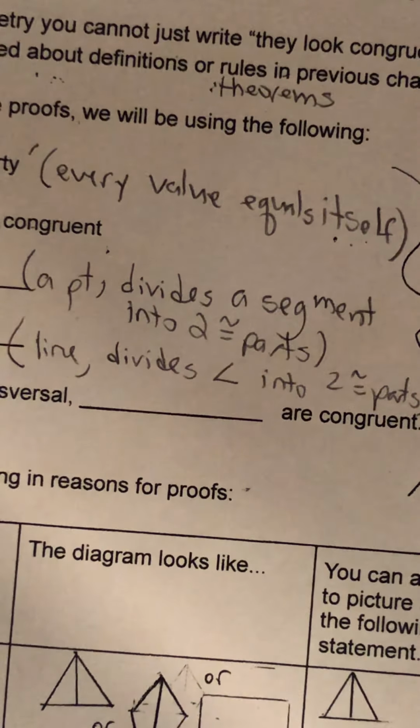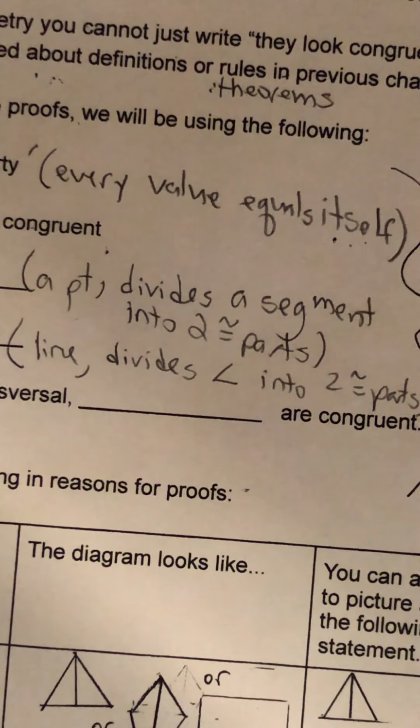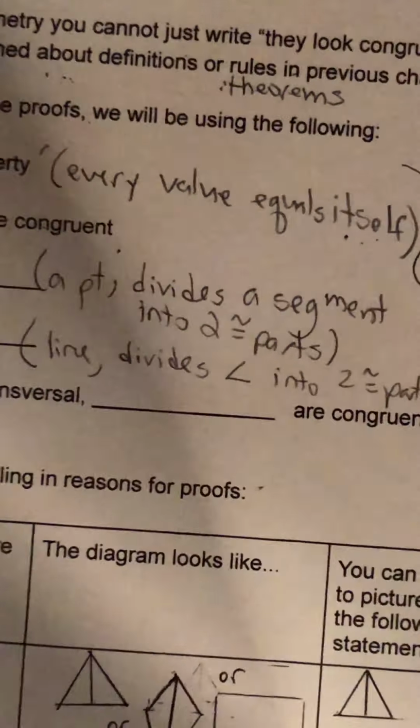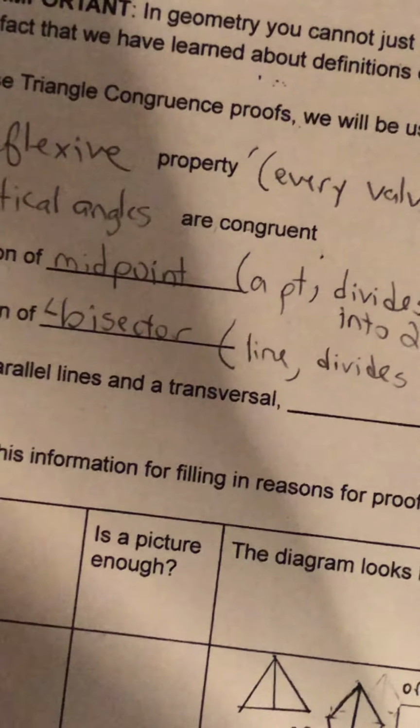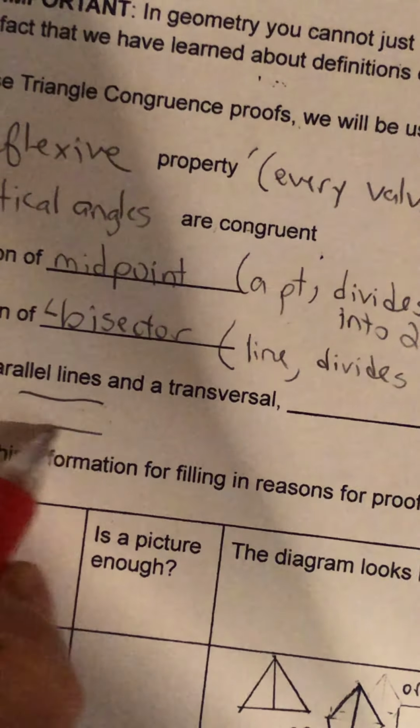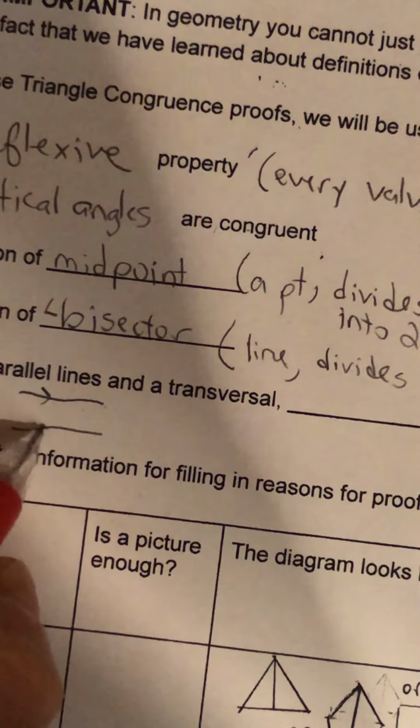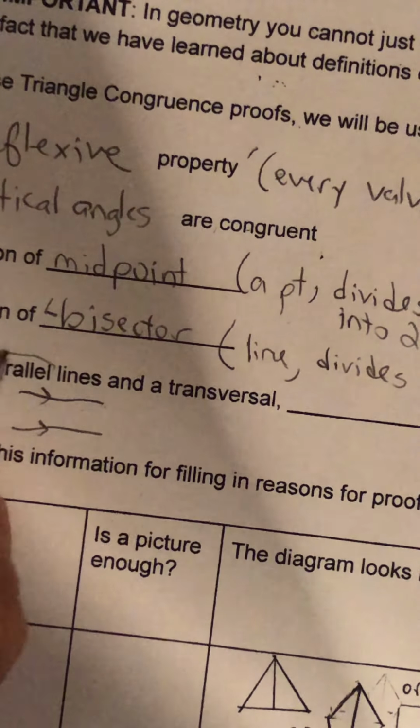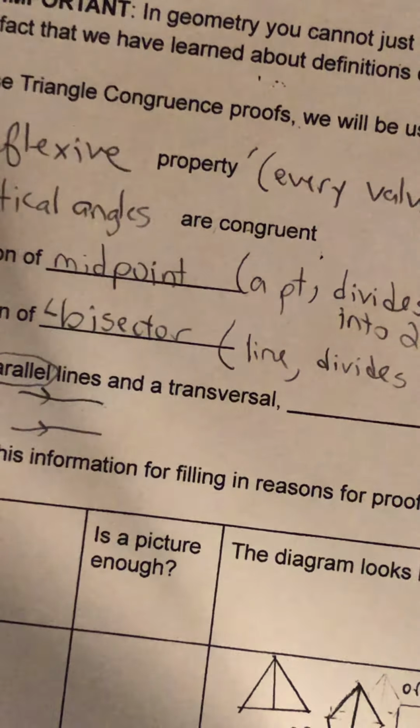And another one that comes up a lot has to do with parallel lines. So I think it was chapter 3, we learned about parallel lines, and you have to look for an arrow, or you have to see the word parallel. You can't just assume they're going in the same direction. And then when you have a Z shape, these angles in here are congruent, and that Z shape comes up a lot. I'll show you what kind of pictures that comes up in related to triangle.